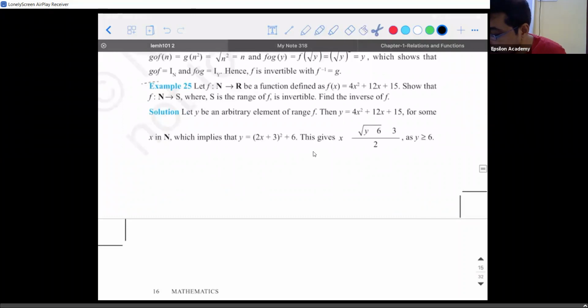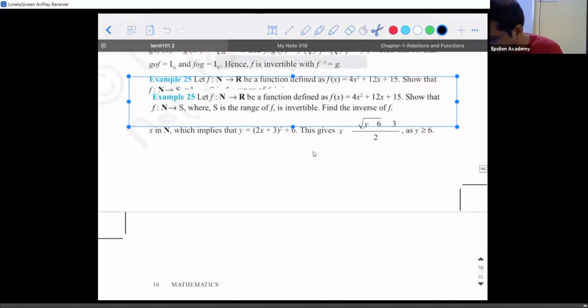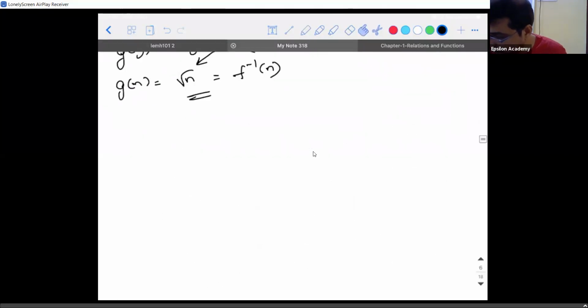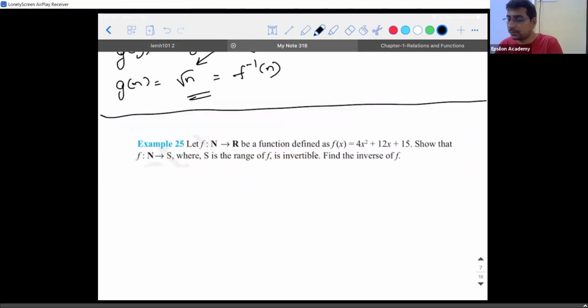Now let's do the next one. So this is a good problem and an important one. Now you guys are going to tell me the step.